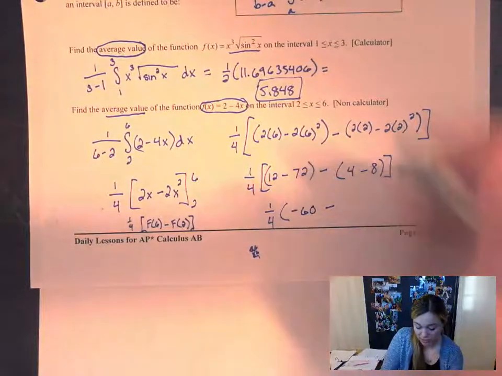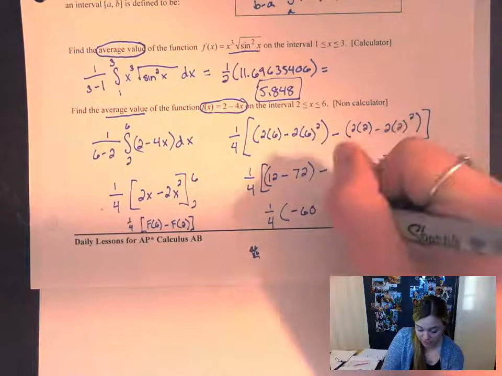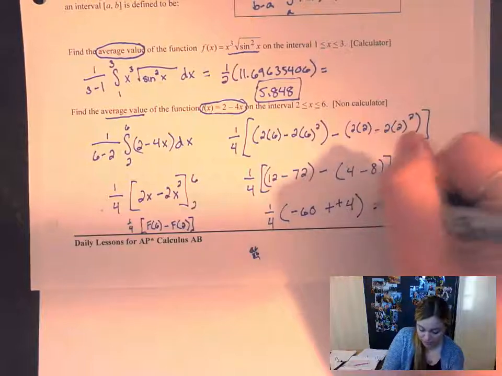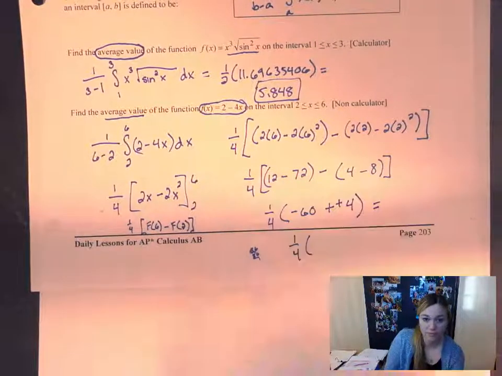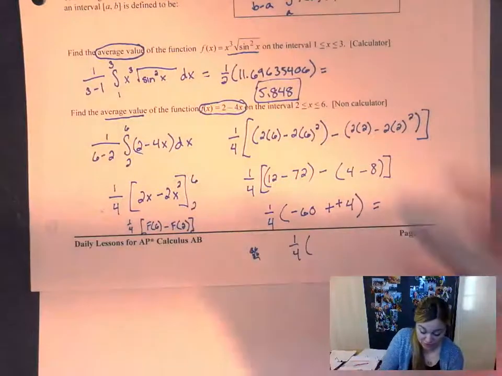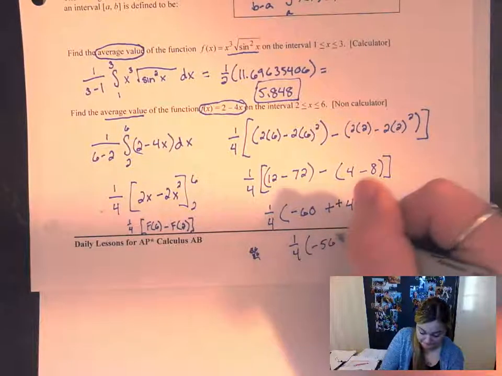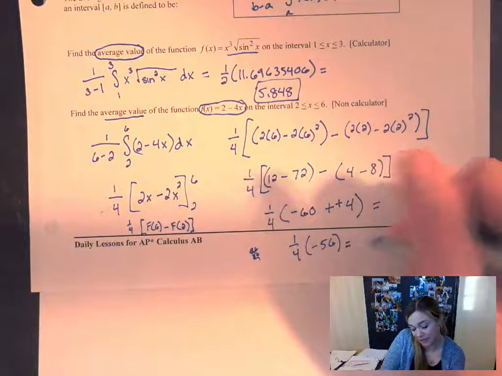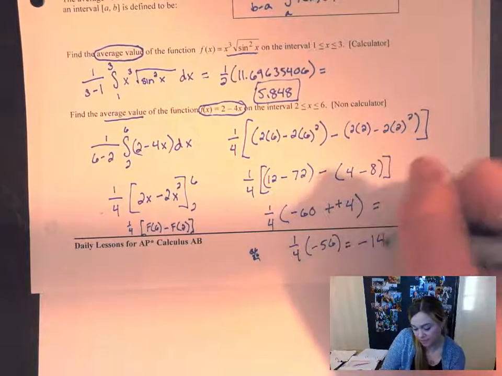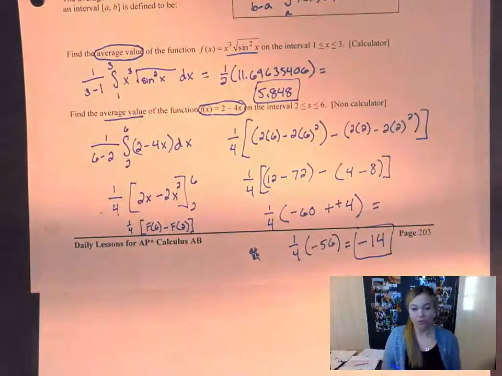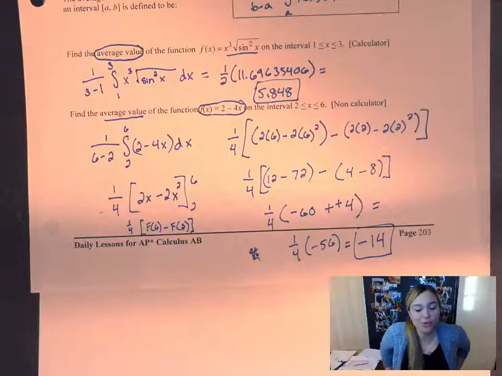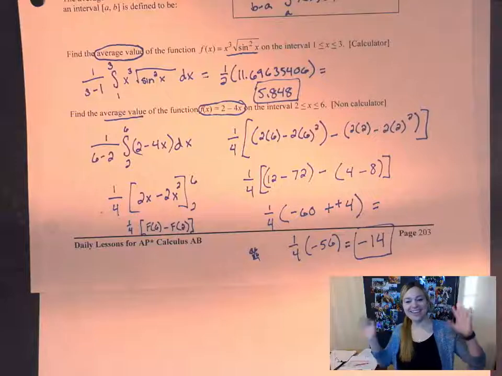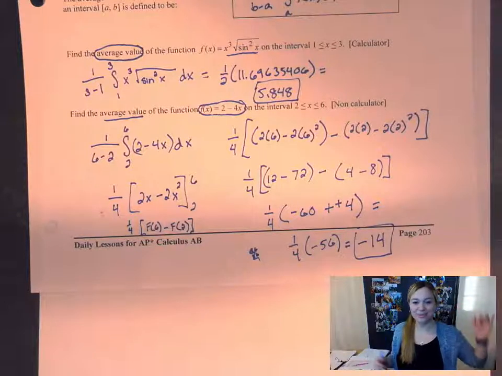Minus, this would be negative 4. Negative 60 plus 4. 1/4 times negative 56 would be the same thing as negative 56 divided by 4. Which, checking with old me, is what I got before. Woo! Did it! That's where we cheer for a little bit.